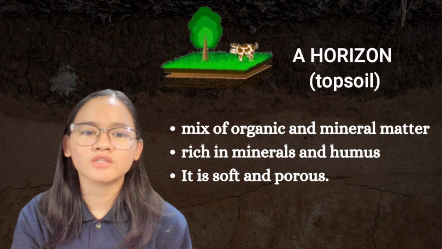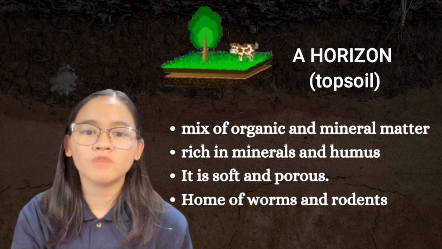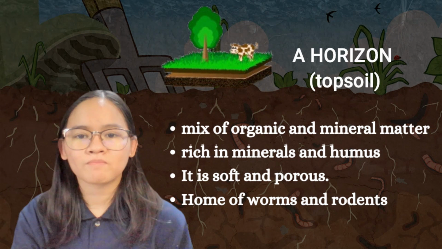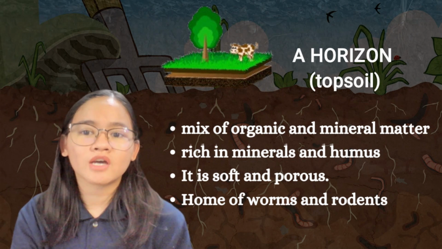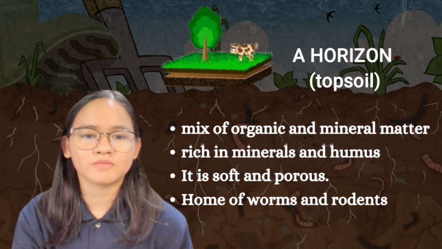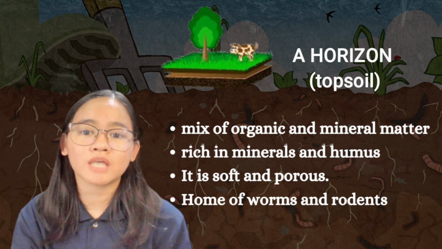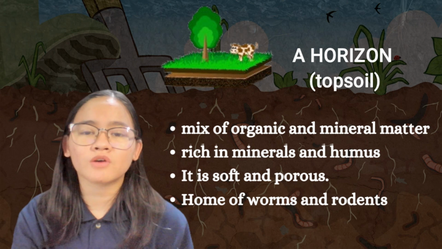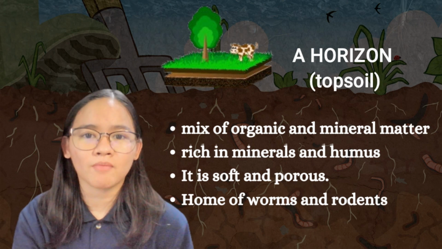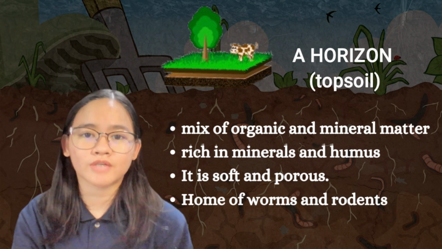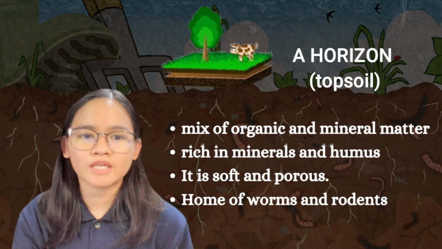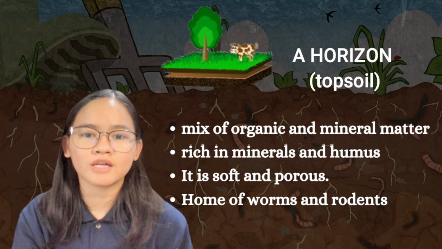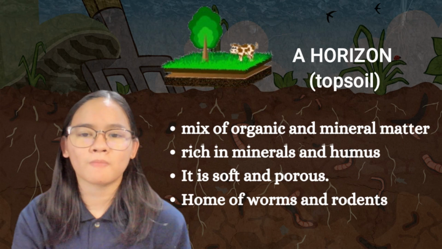The A horizon or topsoil is considered the home of worms and rodents because it has a high concentration of organic materials, which offers a nutrient-rich habitat for these species to live. Worms play a crucial part in the soil ecosystem by consuming and decomposing organic matter, which aids in the release of nutrients and minerals required for plant development.